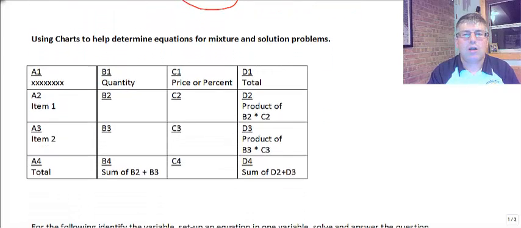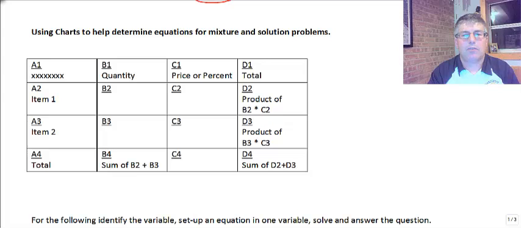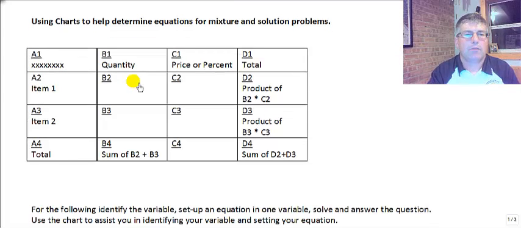And we're going to use charts in this chapter and throughout the textbook, throughout the year, to help determine equations for mixture and solution problems. And the charts are a lot like Microsoft Excel spreadsheets or Battleship or the grid on a map, where it's divided into columns and rows.